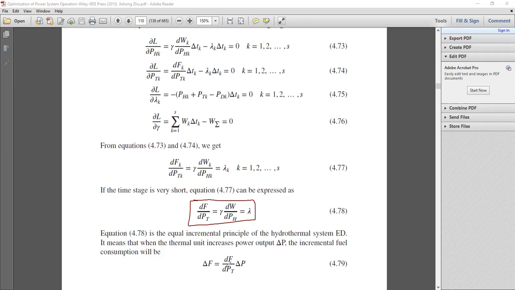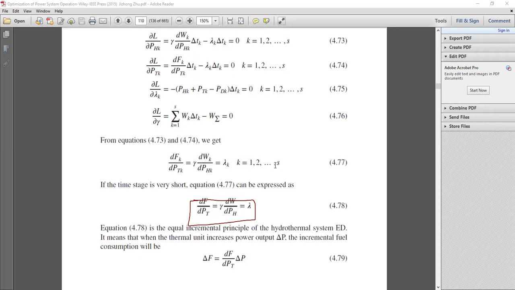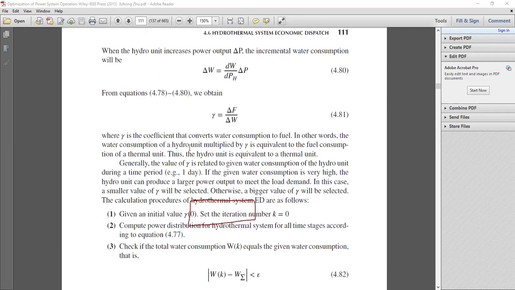And then we took the incremental model. If you take the incremental model, then we also found out the physical significance of gamma, that it is nothing but a conversion factor, which converts your water consumption into some sort of equivalent fuel consumption, you can say.